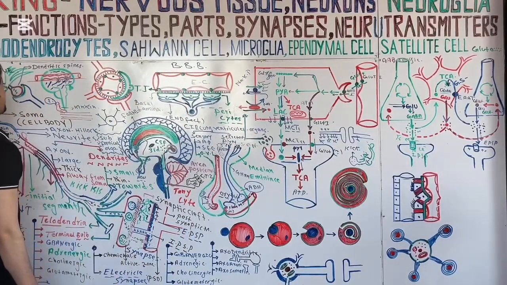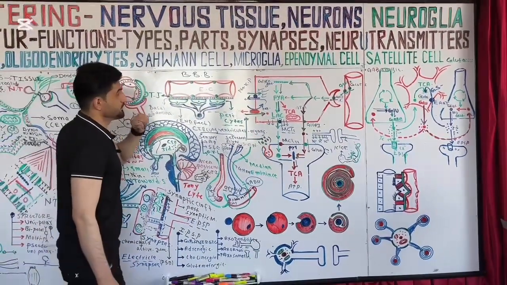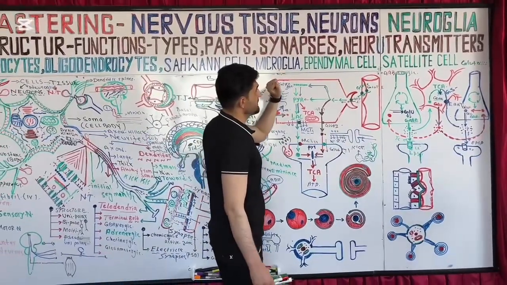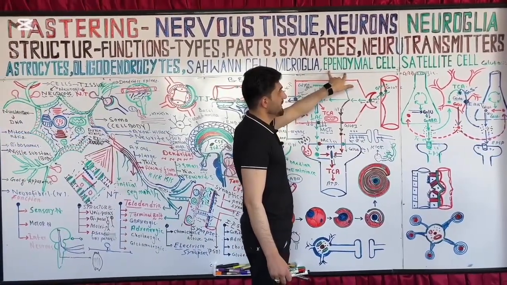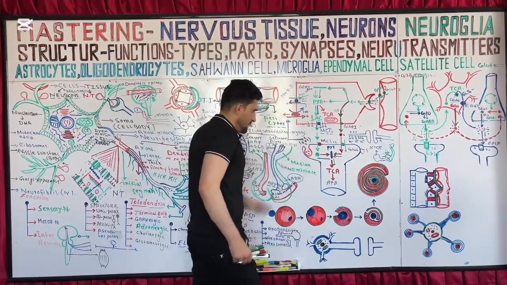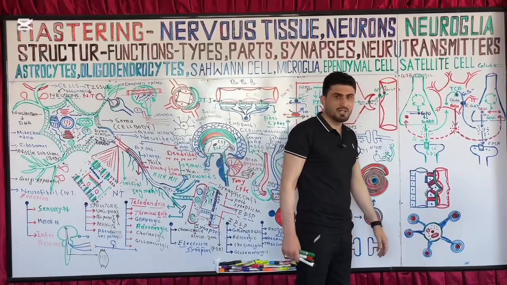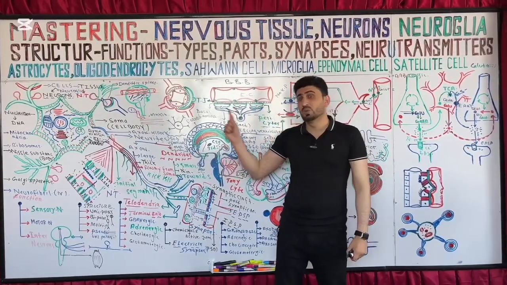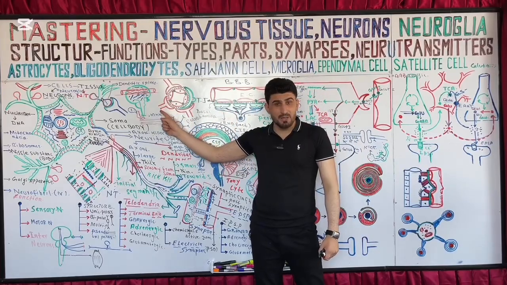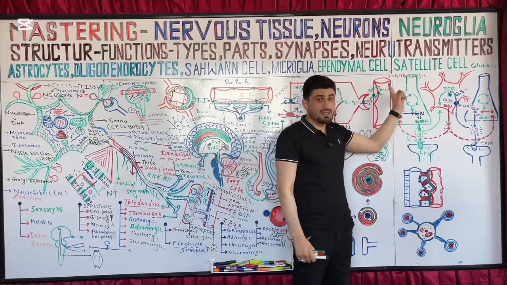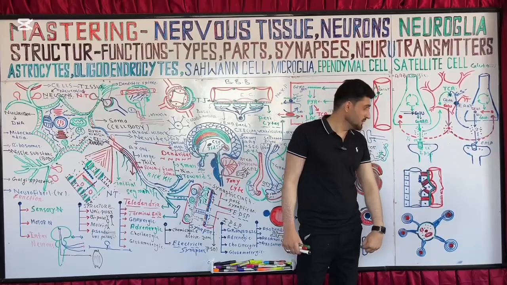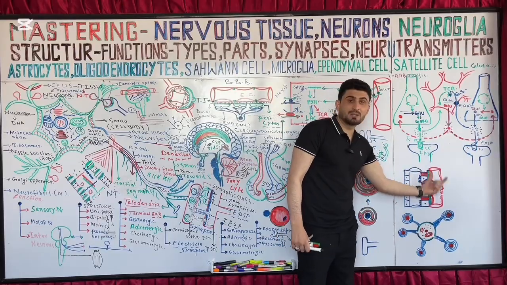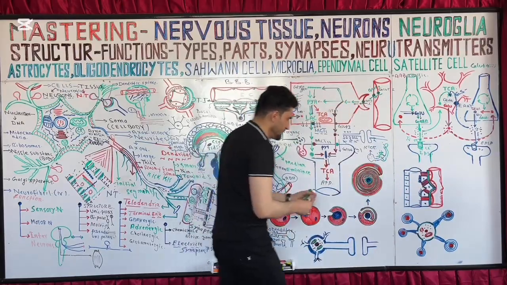Now let me talk about another type of neuroglia, which are called ependymal cells. Keep it in your mind that astrocytes have a role in the blood-brain barrier, and ependymal cells have a role in the CSF blood barrier.